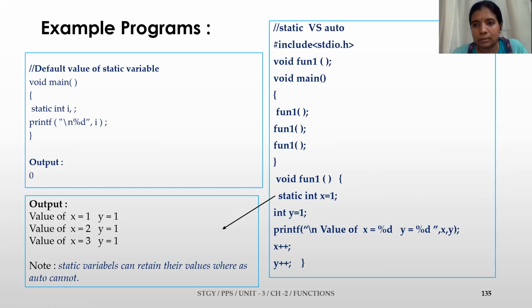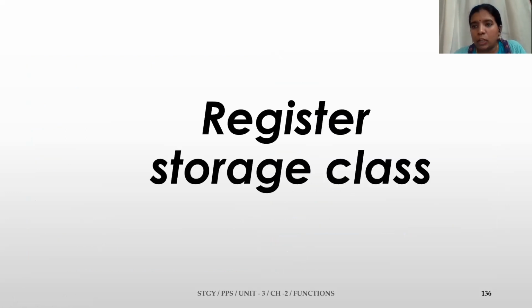One more point: if inside main I write printf of x, it throws an error, because the static variable's scope is only inside the block in which it is defined. But the ability to retain the value is what makes it different from auto.